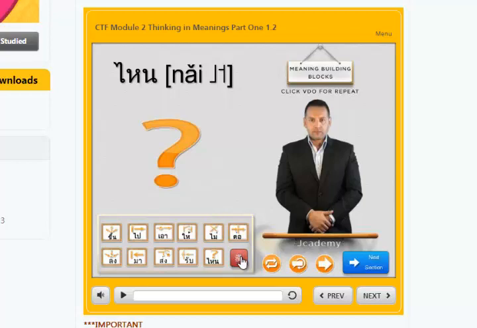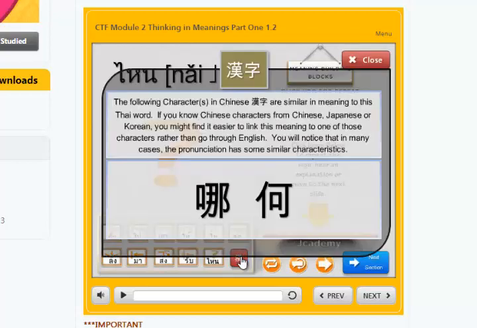Now, if I click on this one here in the module, you'll be able to see that in Chinese this word is pronounced na, and it's a funny thing that na and nai sound very suspiciously familiar.